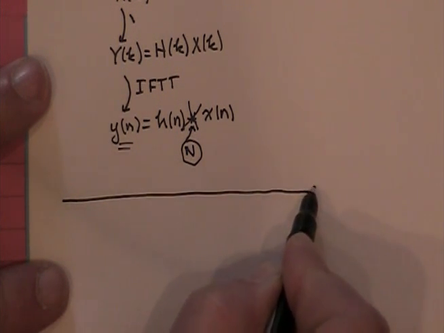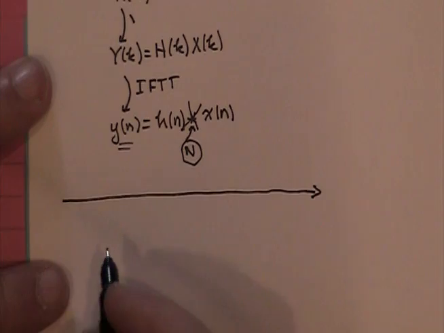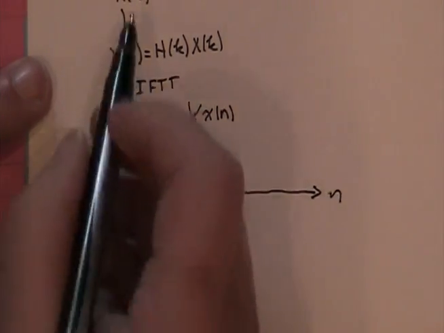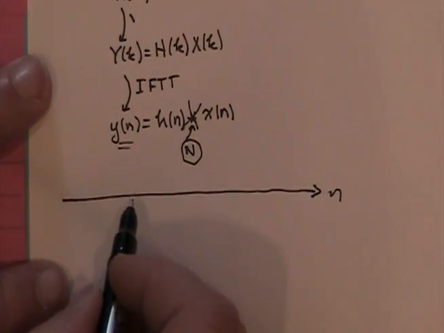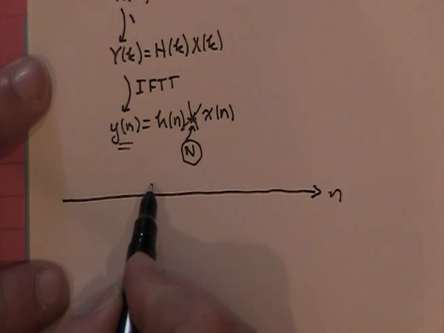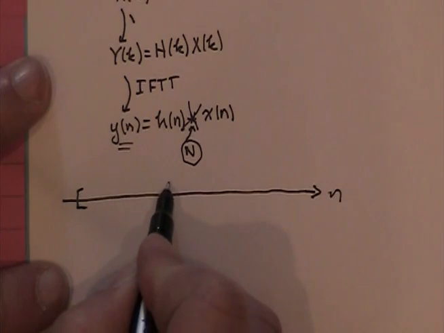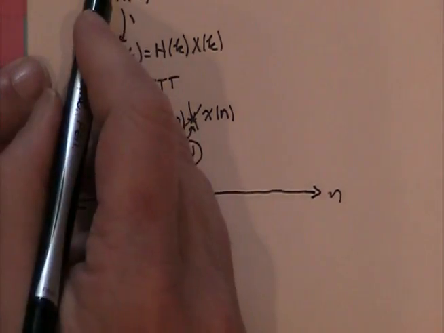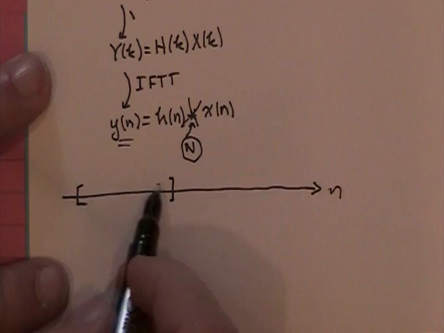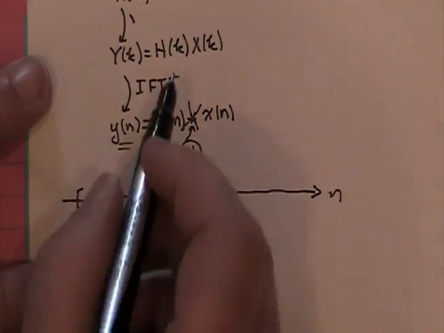Okay, and then the key here is to understand that this y of n is not always going to be valid, right? If I look at values of n here, I've just calculated values of y of n, and if we think about that block of data that we would generate out of processing those n samples, we should be getting n samples out.